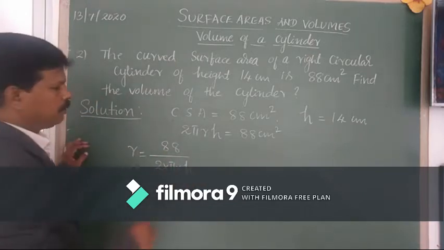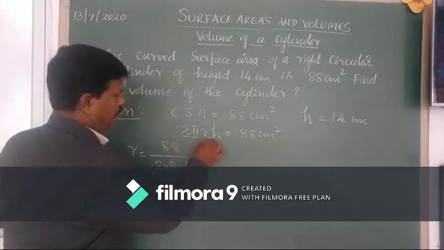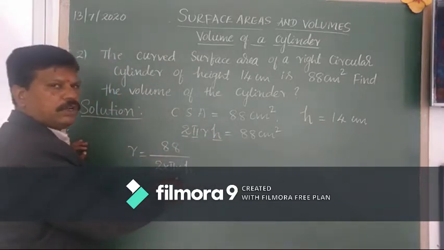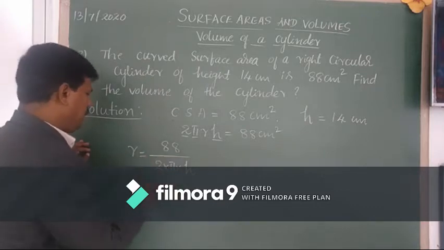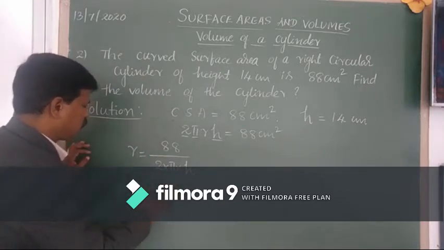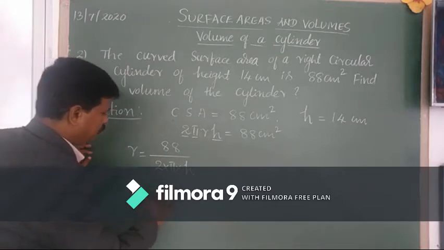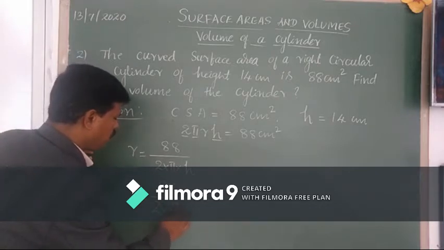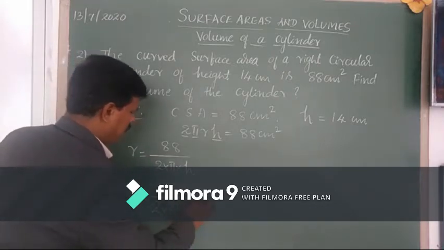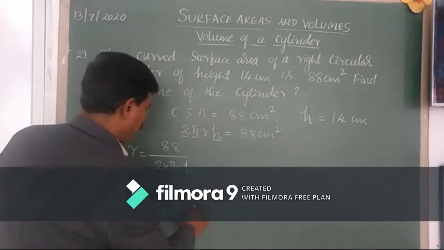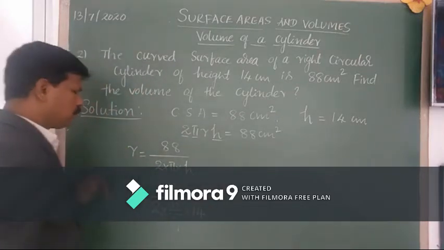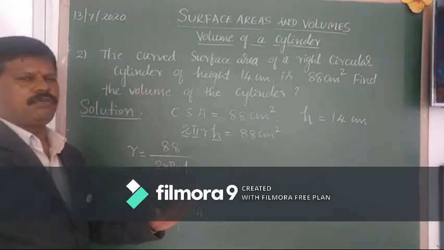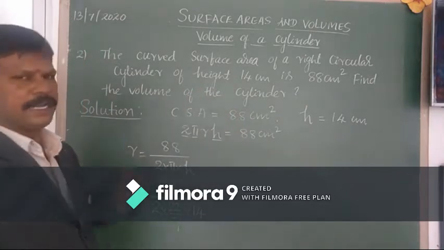Look at the conversion: these three, 2, pi and h, are shifted down. Next, r is equal to 88 by 2 into, now the pi value is 22 by 7, into h, which is given as 14. So this is the way to find the radius of the circular base of the cylinder, right?